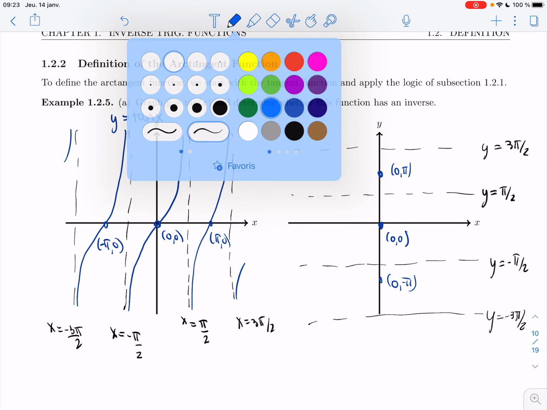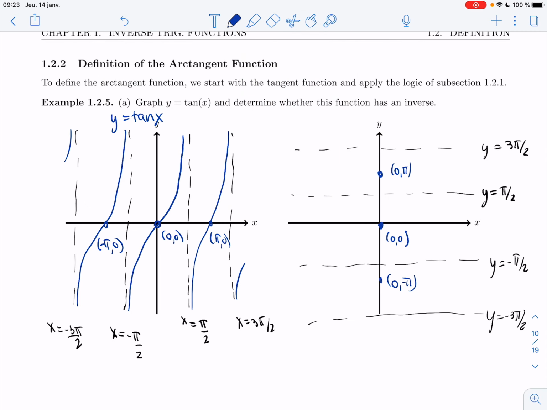And the graph's going to look like a sideways tangent. So I'm going to start at minus pi on 2, get to 0, and move on. This is not quite in the middle, so let's put it here. All right, so this is what the potential inverse would look like.